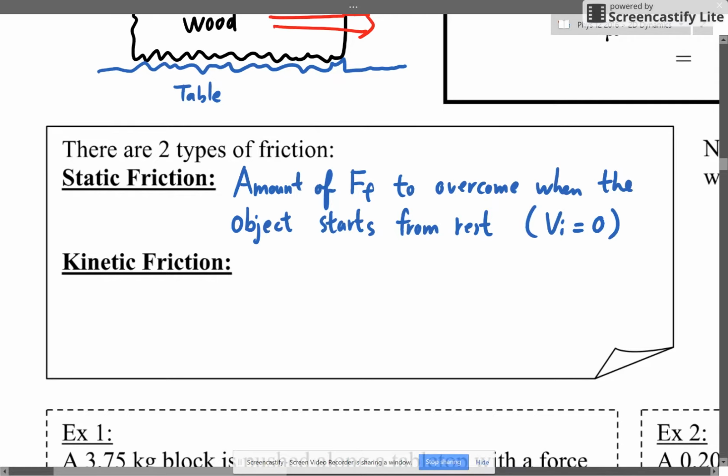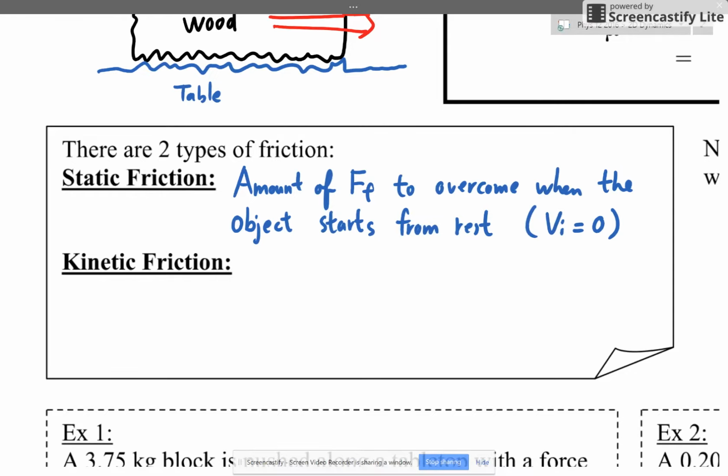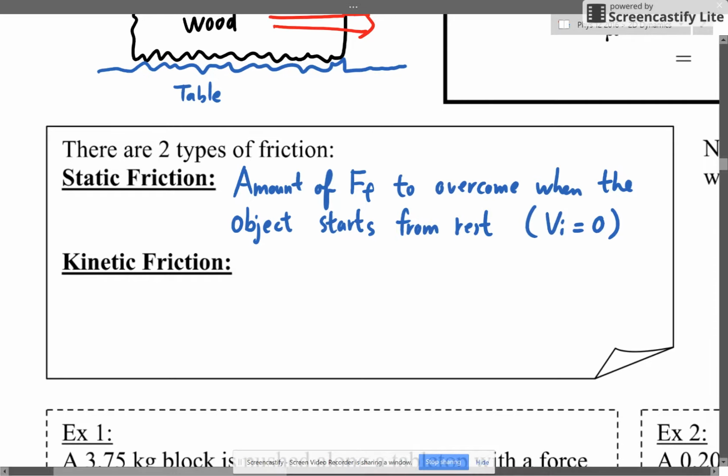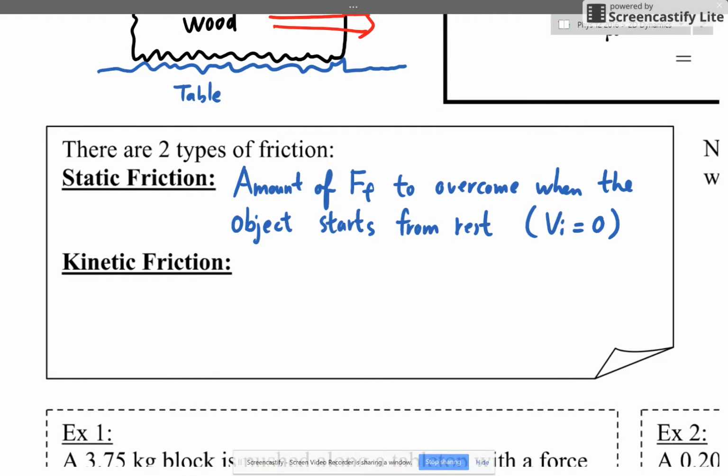It turns out that the amount of friction you have to overcome when the object starts at rest is generally higher compared to if the object is already moving and you just want to keep it moving, which is called kinetic friction.